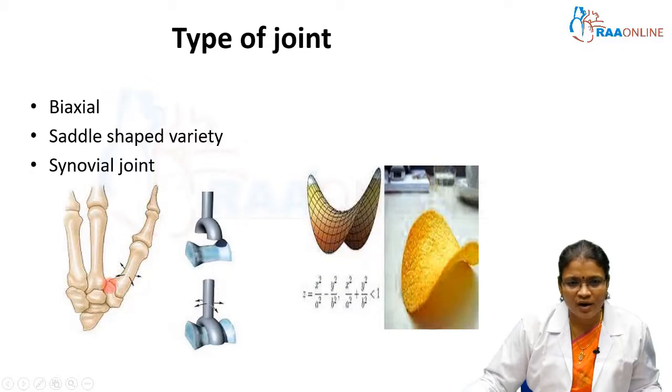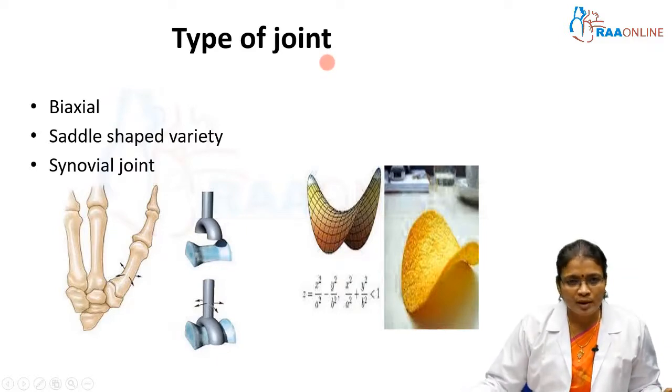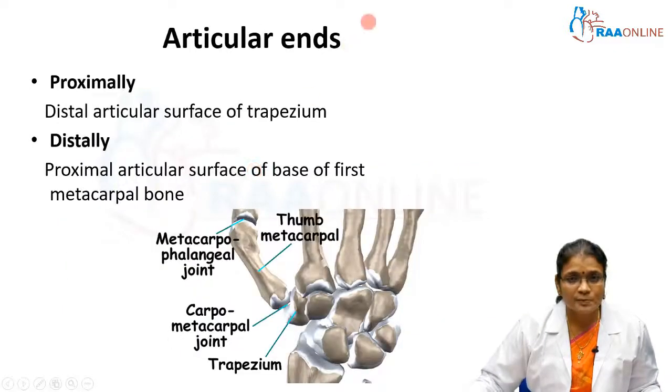Similarly, the shape of the trapezium will be in this shape and the corresponding articular surface will be in this shape to articulate with it. So, the first carpo-metacarpal joint is a synovial joint, a biaxial joint, and it belongs to the saddle shaped variety. Okay, we'll proceed to the next slide.